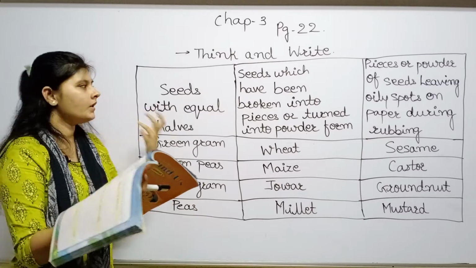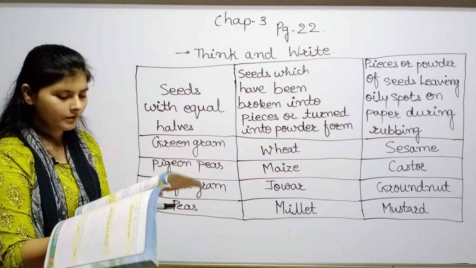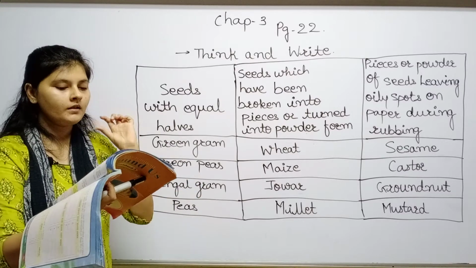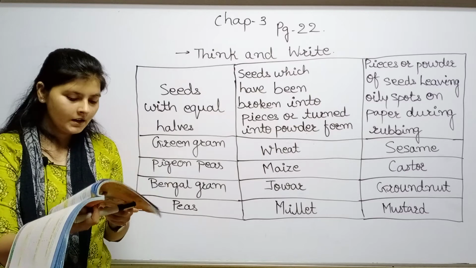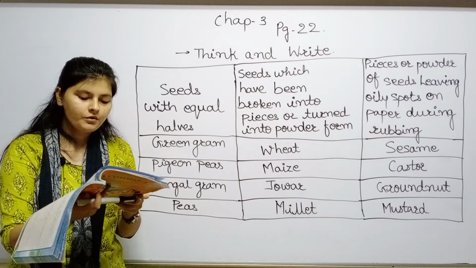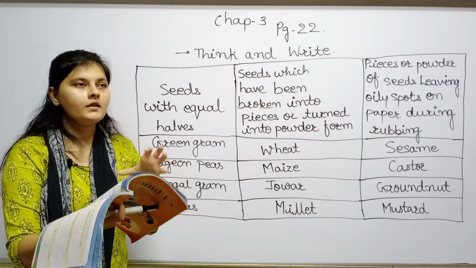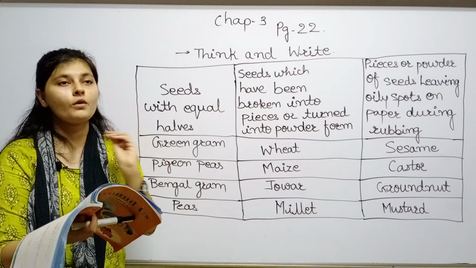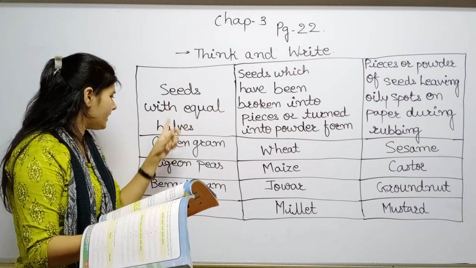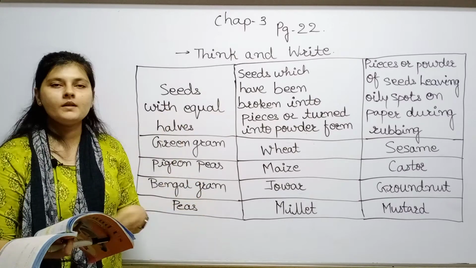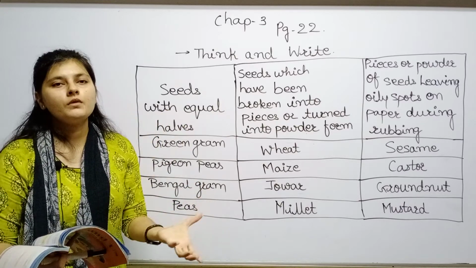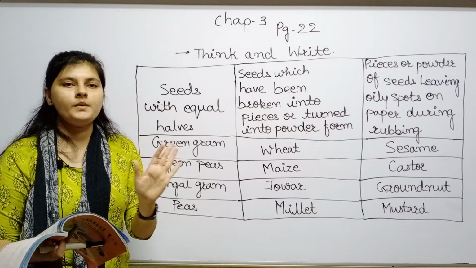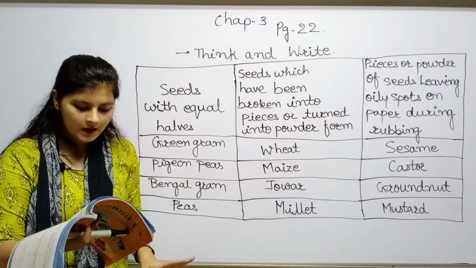And the seeds that convert into two halves, they are pulses. If you see in your book, it is written that seeds broken into two equal halves do not leave any kind of oily spot on paper. See, these are the pulses, and uncooked pulses will never leave oily spots. If the pulses are uncooked, you have not cooked them, they will never leave oily spots.